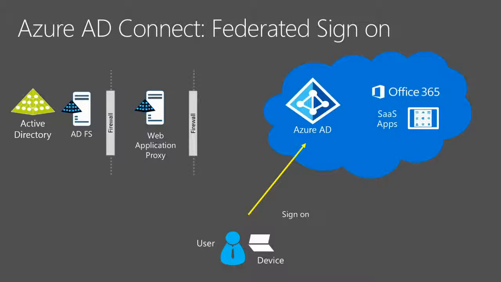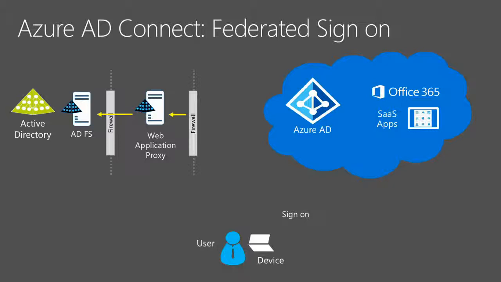So it redirects that authentication request to the on-premises ADFS through the client. Generally speaking, this happens through the client, with an exception around Exchange ActiveSync. Usually it's through the client, and it comes in through the web application proxy, then through the firewall to ADFS. So there's an additional proxy trust element that we have to configure when deploying ADFS.